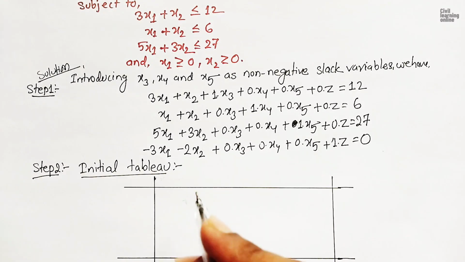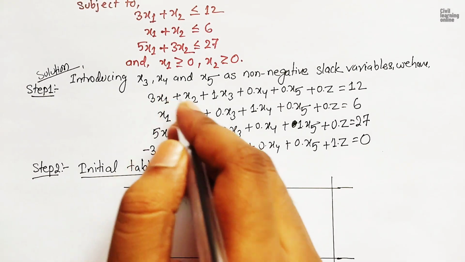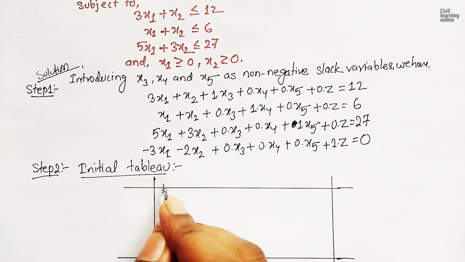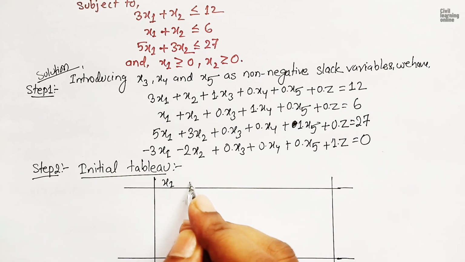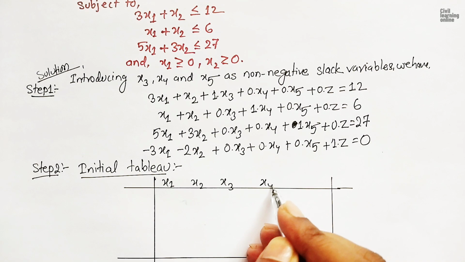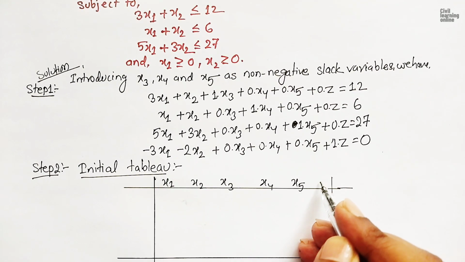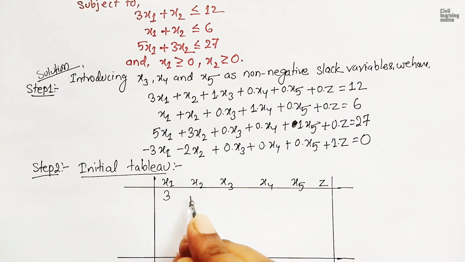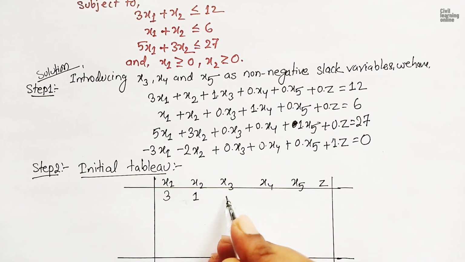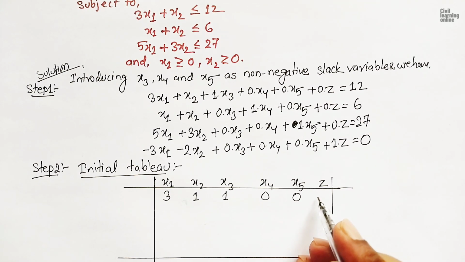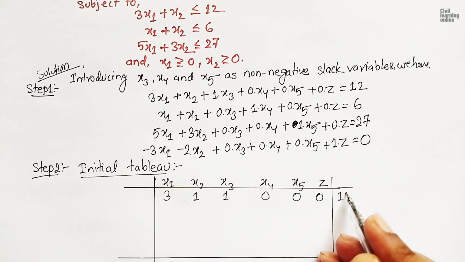Now after drawing the table, write x1, x2, x3, x4, x5 and z. The coefficients in the first row are 3, 1, 1, 0, 0, 0 and 12.